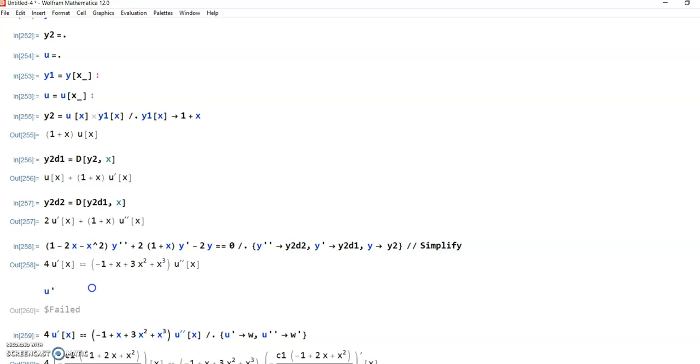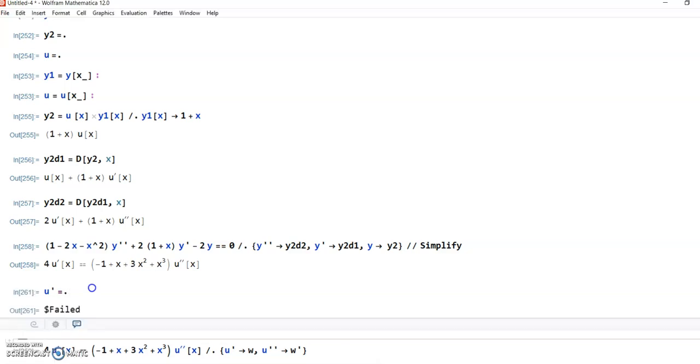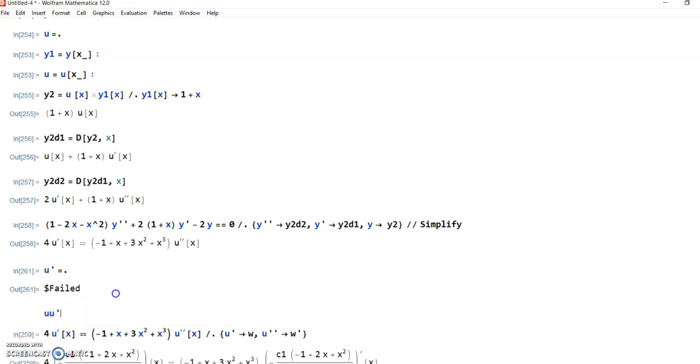u prime equal to, and it says failed, and then u double prime equal to.